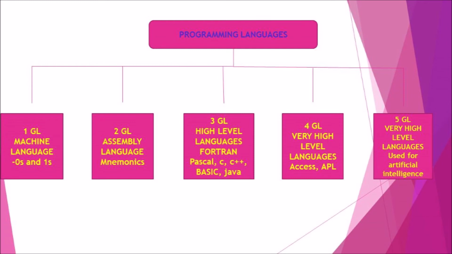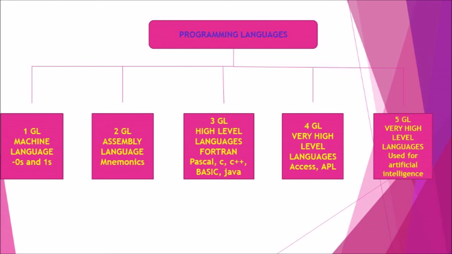And the next two generation languages we can call either very high level languages or natural languages. In the fourth generation language, very high level language, they have developed Microsoft Access and APL. These two languages come under the fourth generation language.